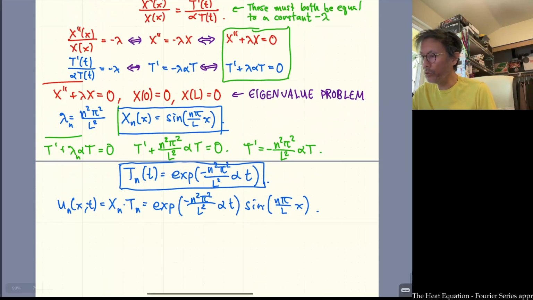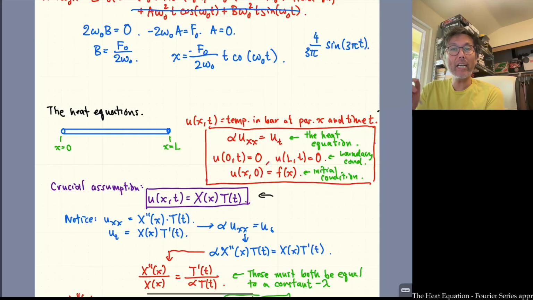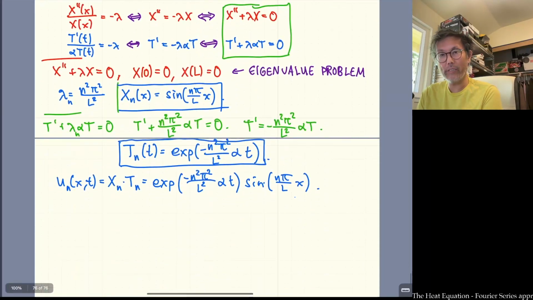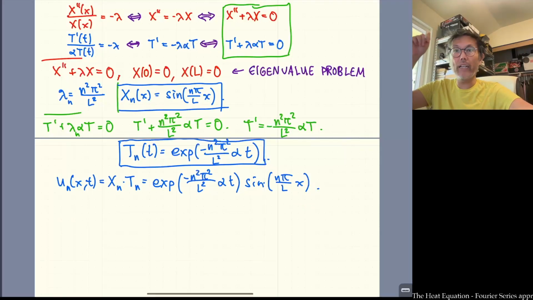Now, is it a solution to this problem in this red box? Not quite. Even though it satisfies the heat equation, it also satisfies the boundary conditions, because if you plug x equal to 0 in, or x equal to L, think about where that goes. It's going to be in this term. If x is 0 or if x is L, then we're talking about sine of 0 or sine of n pi.